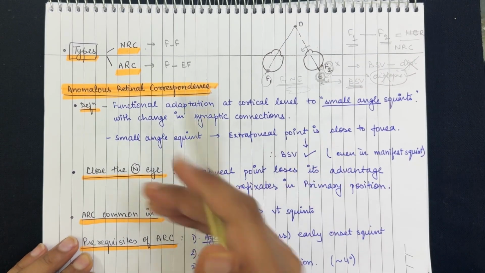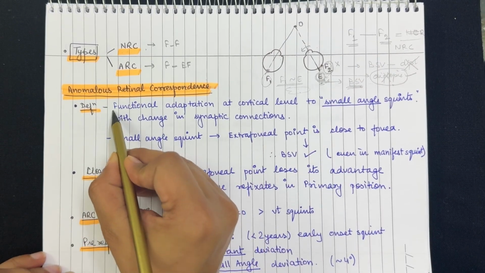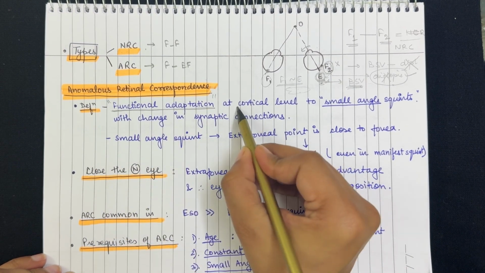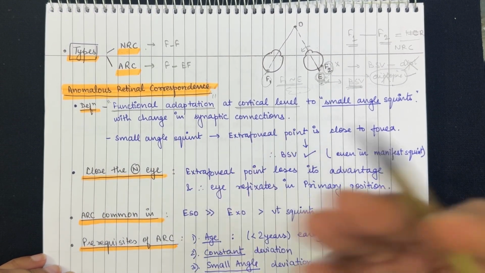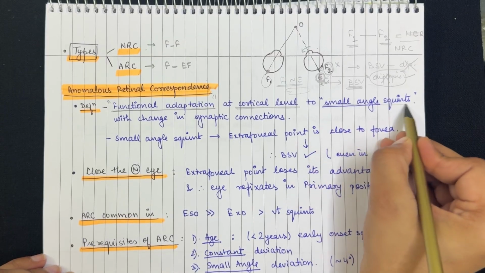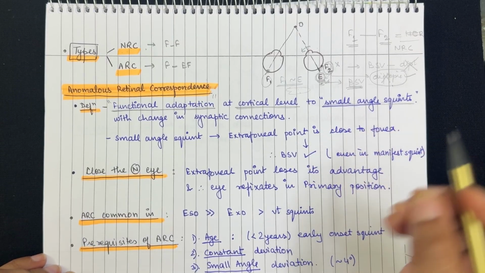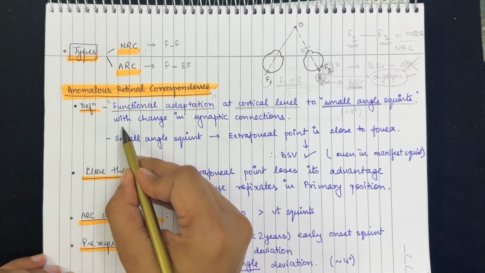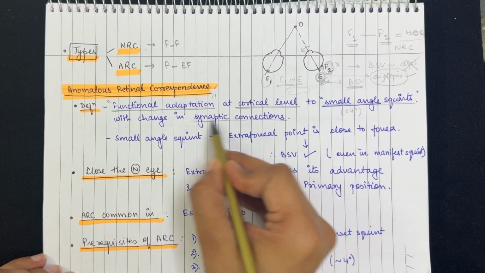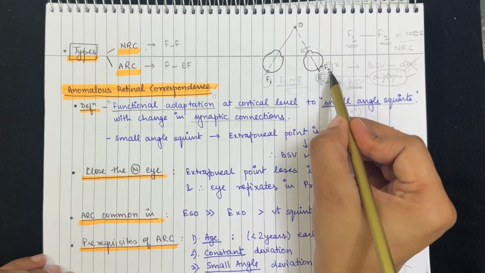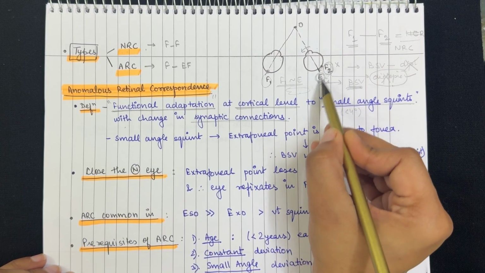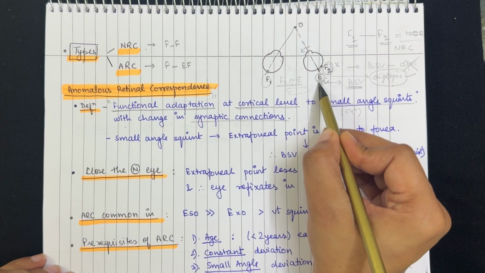Now let's understand this term. This is a functional adaptation at the cortical level, only for very small angle squints, less than 4 degrees, with a change in synaptic connections: instead of giving all the power to F2, some similar power is given to this extrafoveal point.